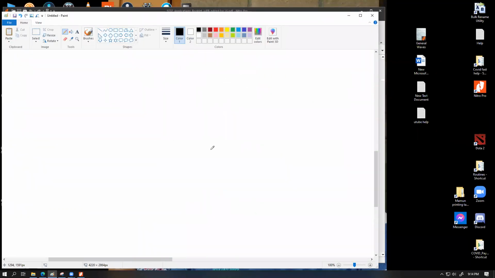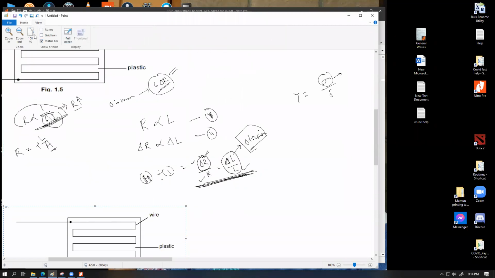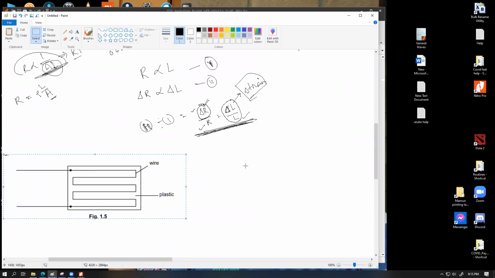For example, let's say if I paste it again. Oops. This is a very simplified view.